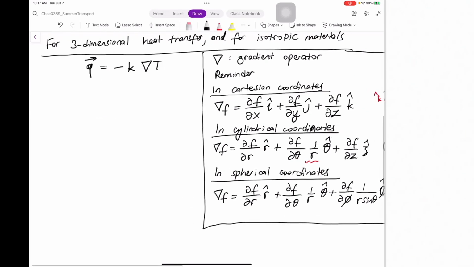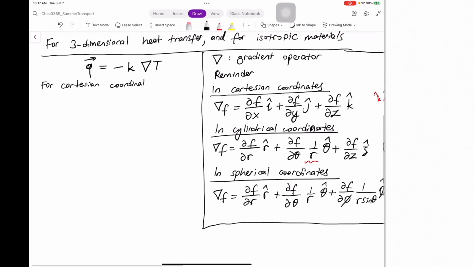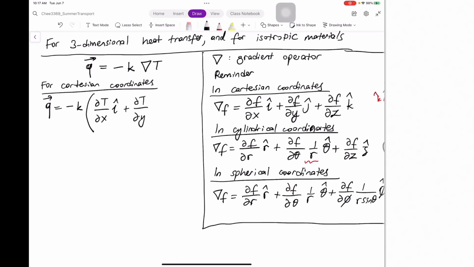So if you have a look at Fourier's law, you can write it for Cartesian coordinates, for example, as q vector is equal to minus k times del T over del x i plus del T over del y j plus del T over del z k.